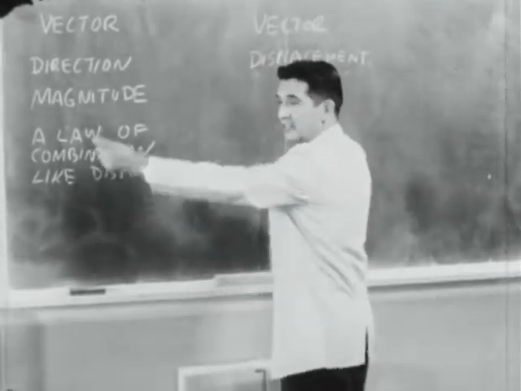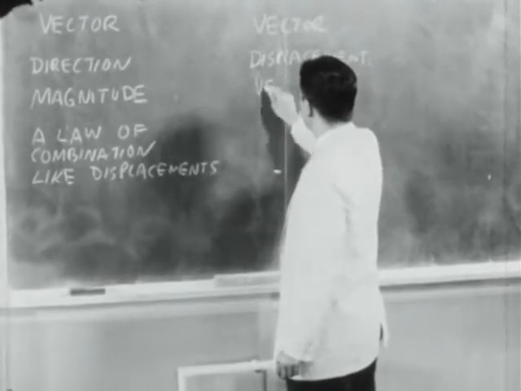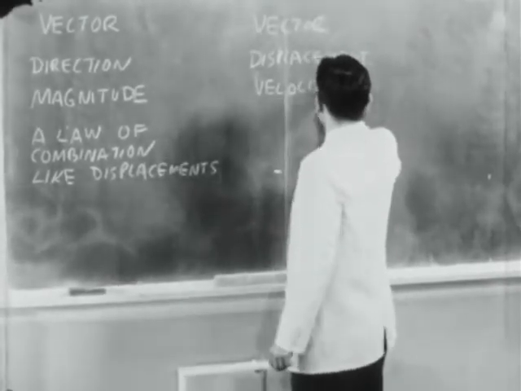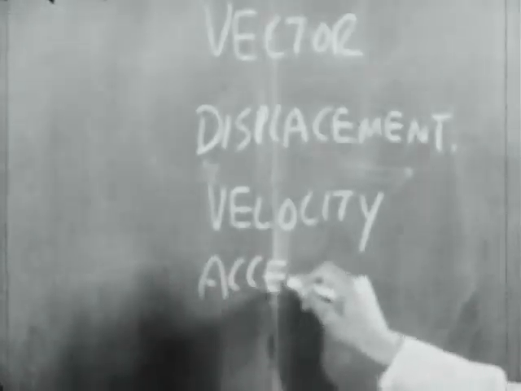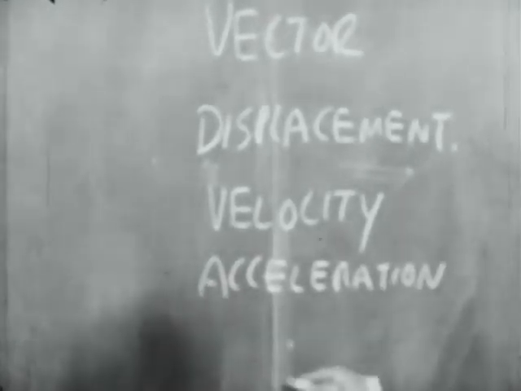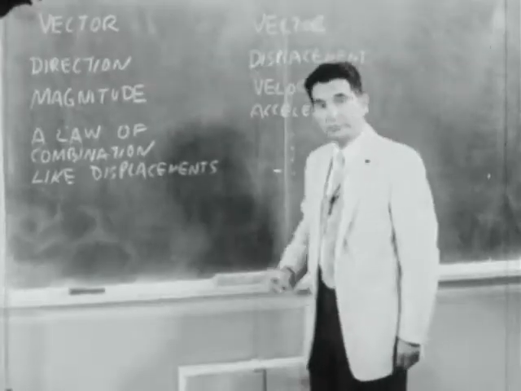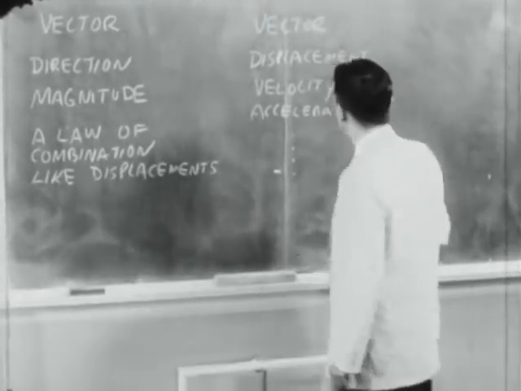You see, my initial demonstration was done with displacement. Then I went over to velocity. And perhaps now you will see why acceleration is going to creep into the picture. But certainly the ones that are related to motion are the easiest vectors to consider.